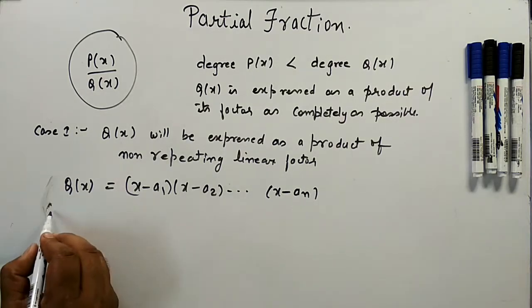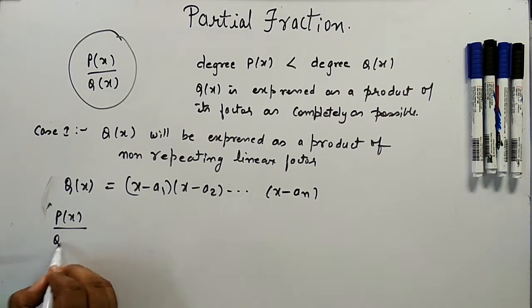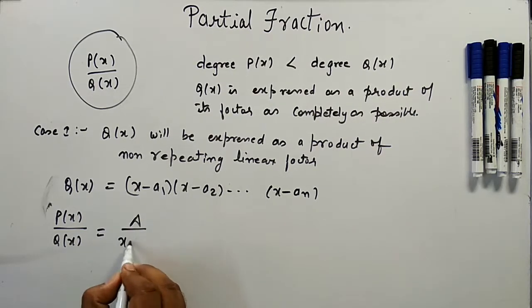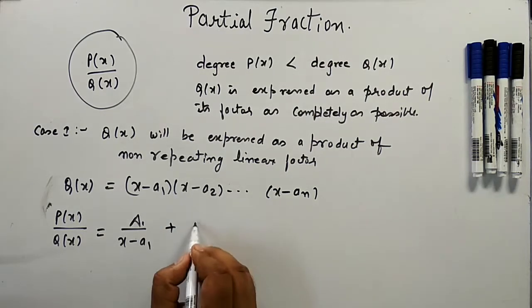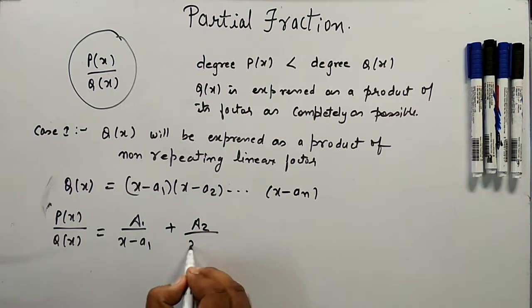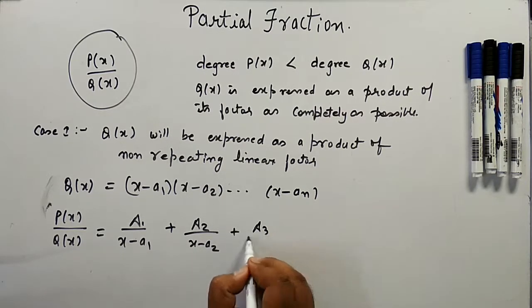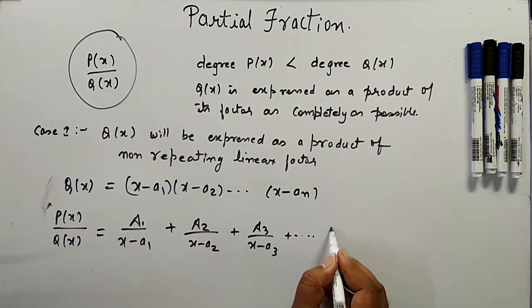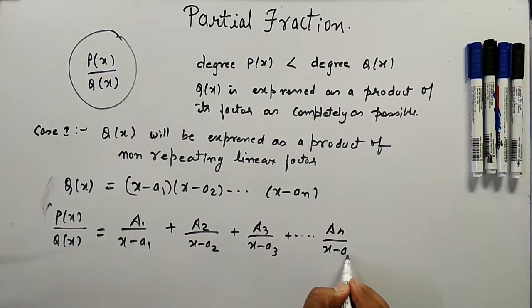So the partial fraction form of this will be a1 by x minus a1 plus a2 by x minus a2 plus a3 by x minus a3 up till an by x minus an.